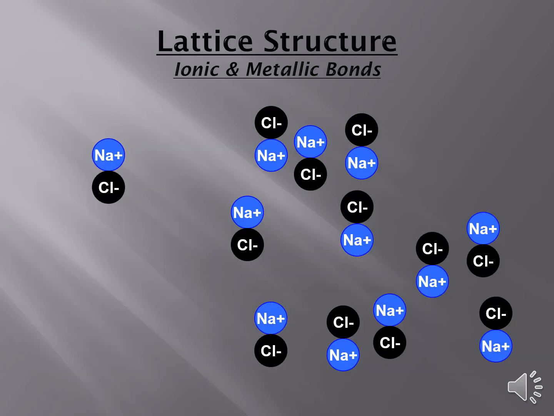All right, next slide. I wanted to show you, you don't have to copy this down. I just wanted to show you that when you form a crystal, table salt is made up of sodium and chlorine, and that's what I've got shown here on the screen. We've got some sodium and chlorine ionic bonds that have all been bonded, but they're all just scattered all over the place. Let's say they're mixed in with some water.